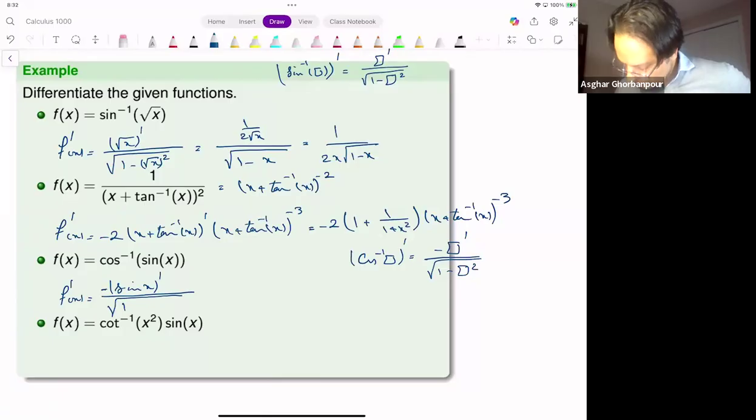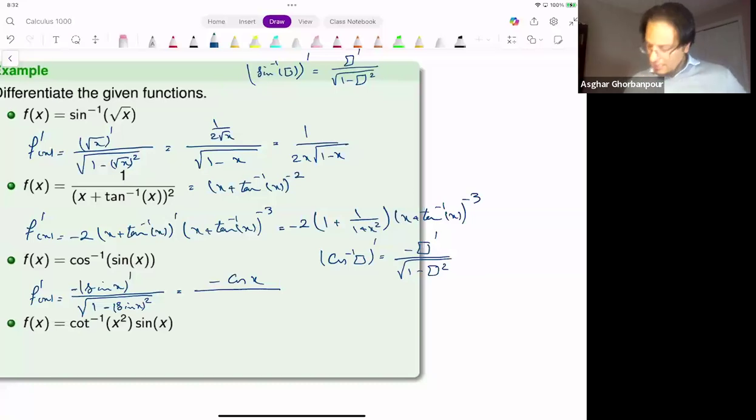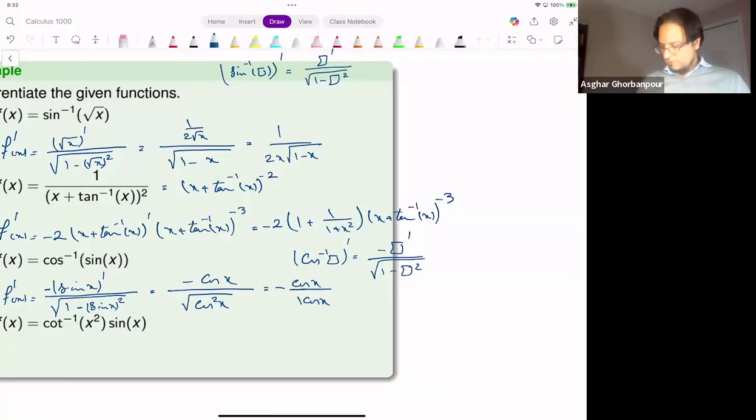Derivative of sine x is cosine x, and down there 1 minus sine squared is cosine squared x. Cosine squared root comes out as the absolute value of cosine x.